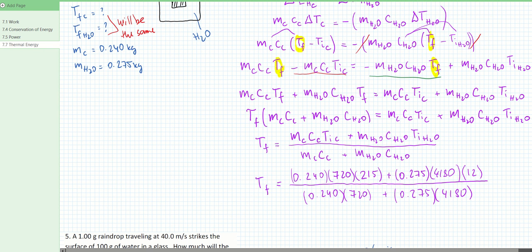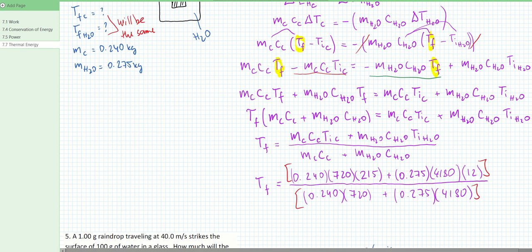And again, you can do all the calculations on the calculator. If you're going to do this in one go, I suggest you add a couple more brackets around this. So maybe a bracket there, and then you can do all of this divided by all of that. So let me just punch this in.